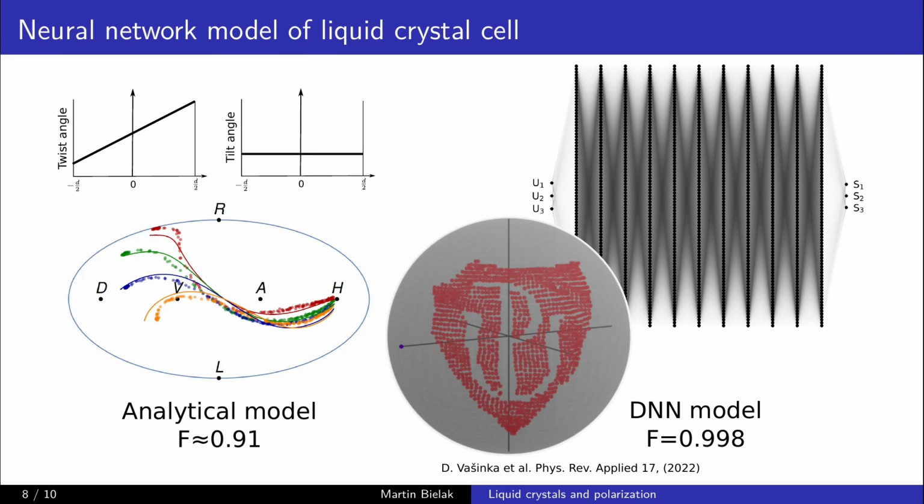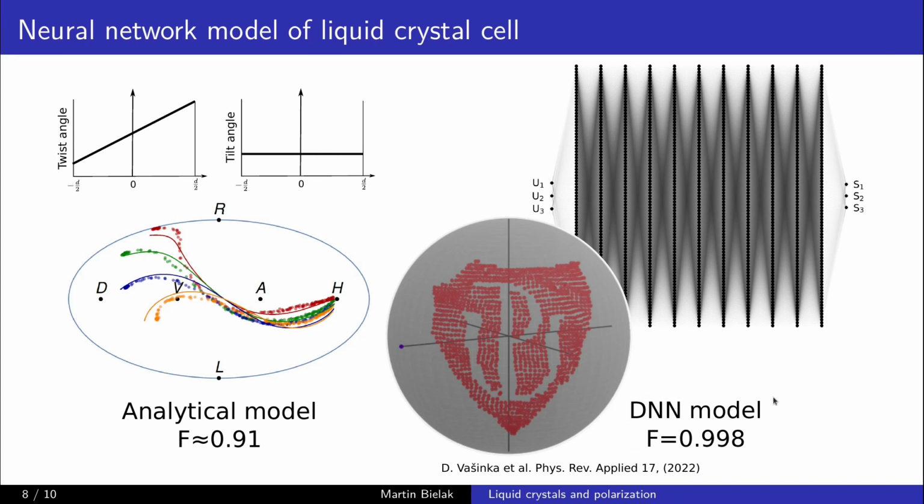Therefore, we developed an artificial intelligence model. Using the neural network, the polarization state prediction accuracy of the whole three-cell device for given voltages is 99.9%, and in the inverse task of predicting the target voltages it reaches a fidelity of 99.8%.